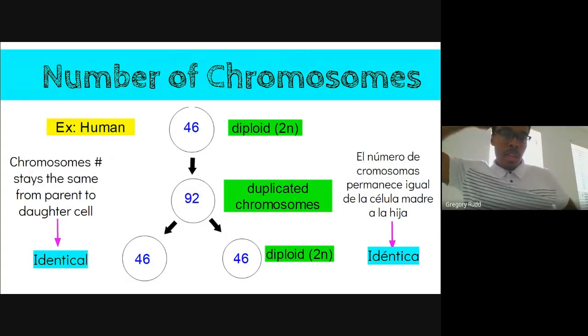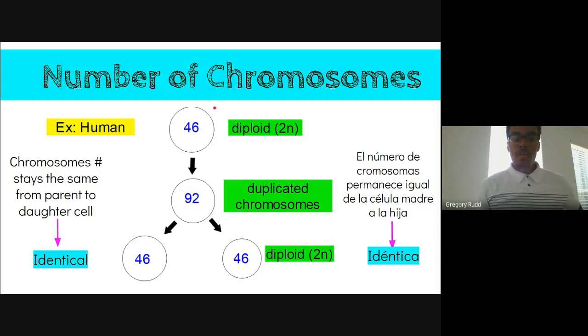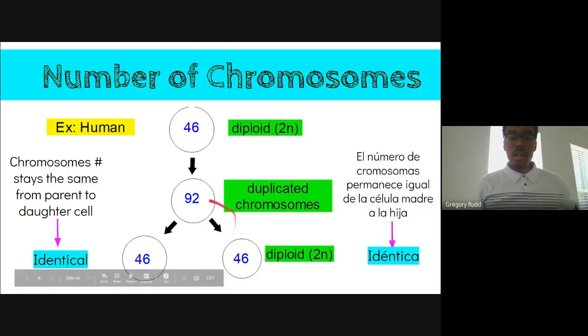All right. So for humans, our somatic cells have 46 chromosomes. We've got 23 from each of our parents. So once our cells undergo DNA replication, we've got 92 chromosomes. We've got twice the number because they've copied themselves.